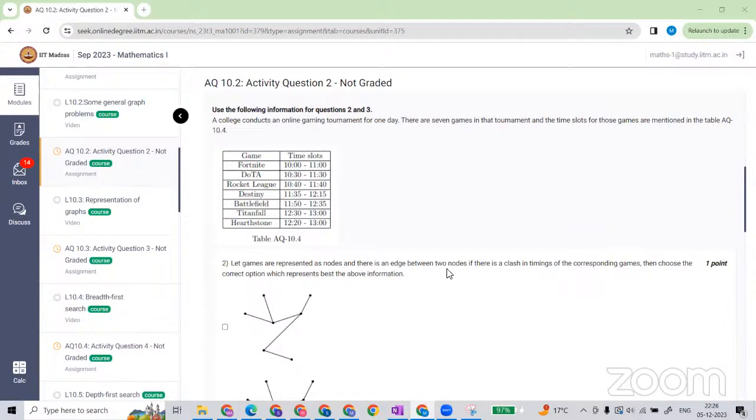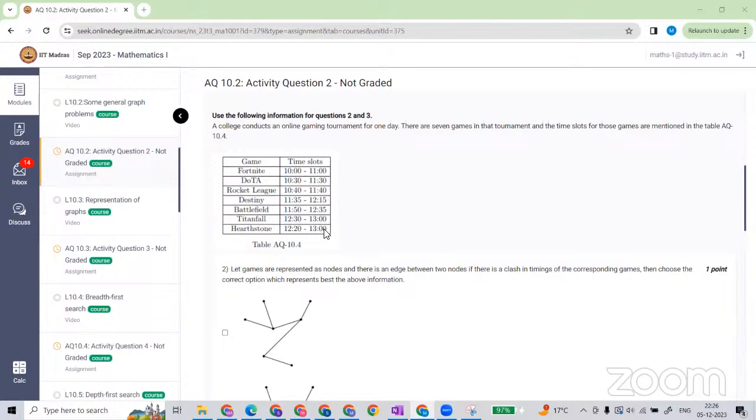So the edge is going to be a clashing of time. So Destiny and Rocket League have an edge. Now see that 11:50 is started and 12:50 PM is Destiny ending. That means Destiny and Battlefield have an edge. They have the clashing time. Similarly, 11:50 is there, so all are independent before.